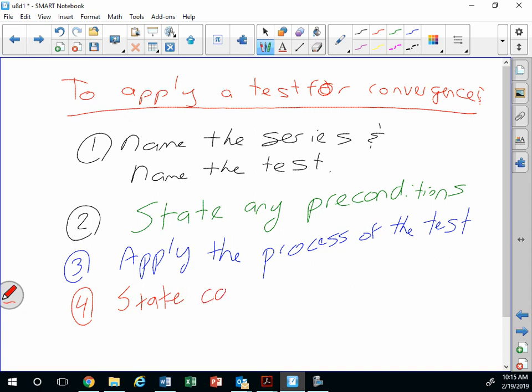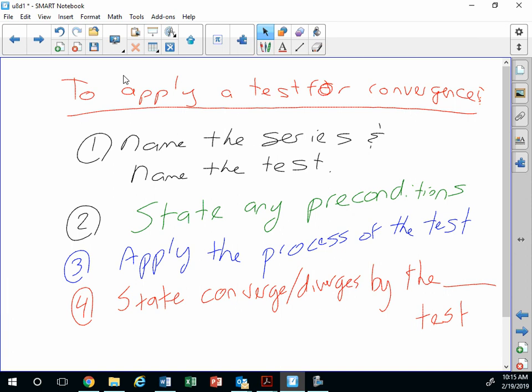So state you are converging or diverging by the blank test. You have to tell me you are converging or diverging by whatever test you used, because we're going to start using more tests next class. We're going to have multiple tests.